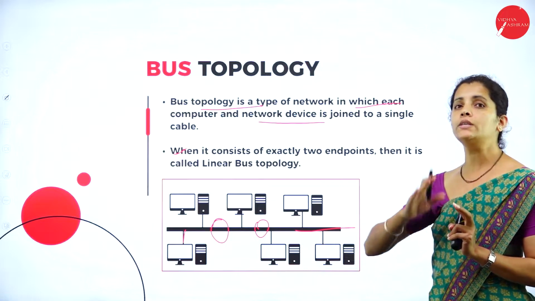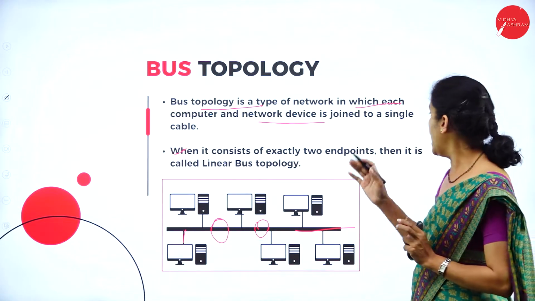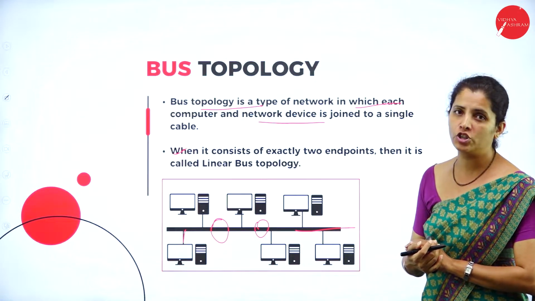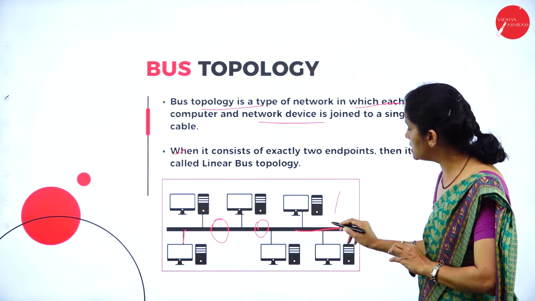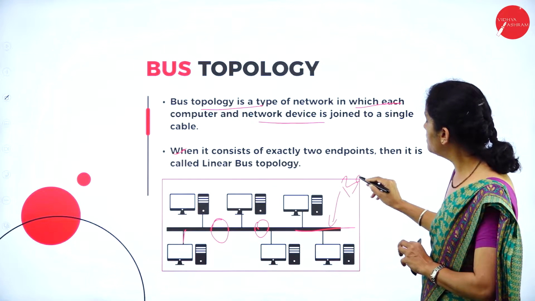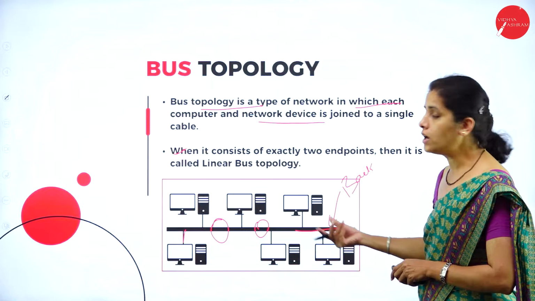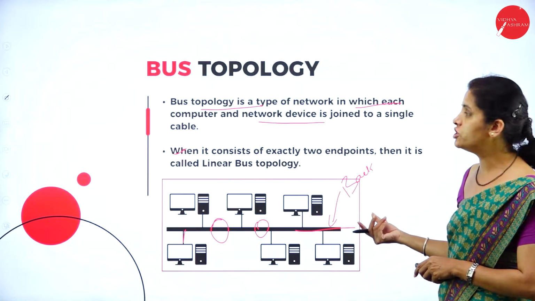When it includes exactly two endpoints, it is called linear bus topology.